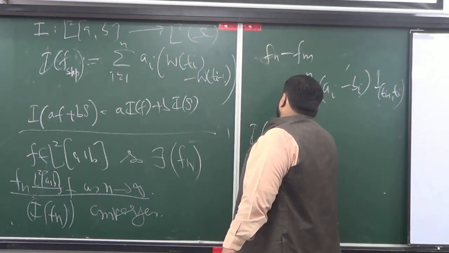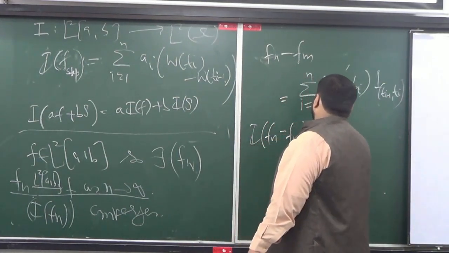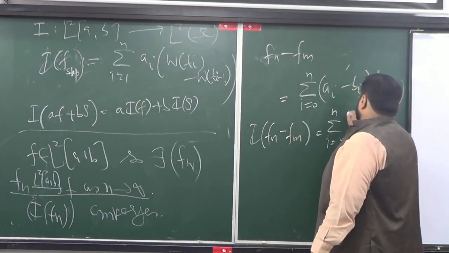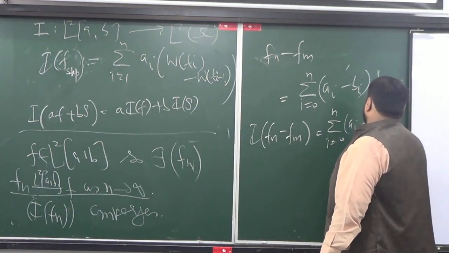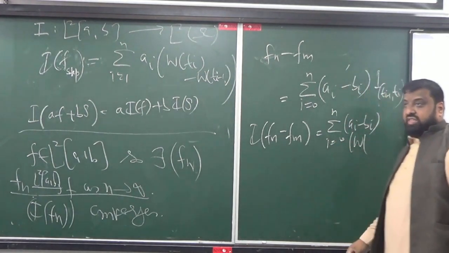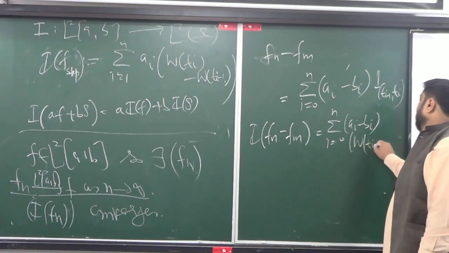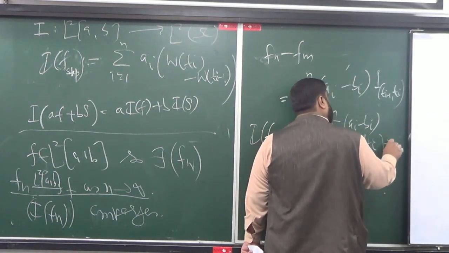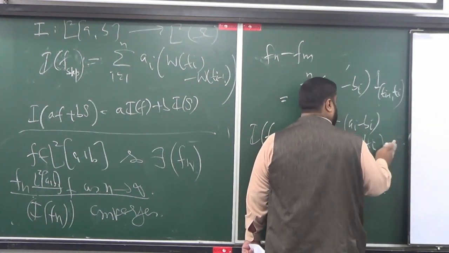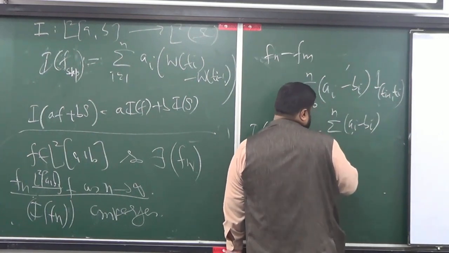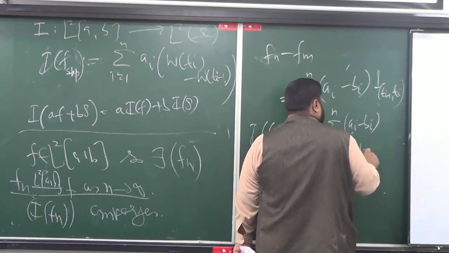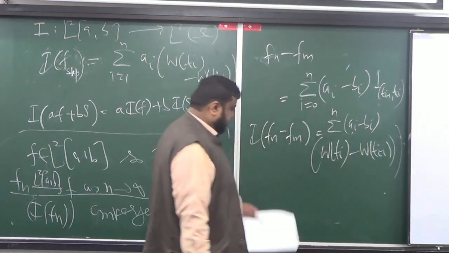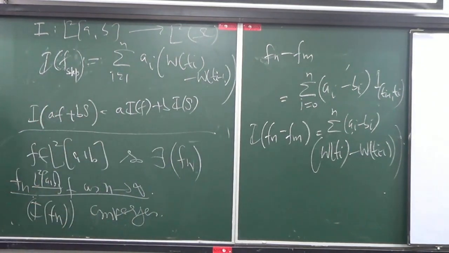So I of f_n minus I of f_m would be the sum from i equal to 0 to n of (a_i minus b_i) times the increment W(t_{i+1}) minus W(t_i). Is it making sense?